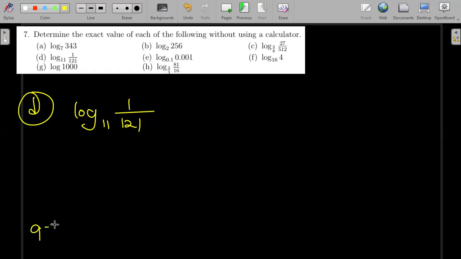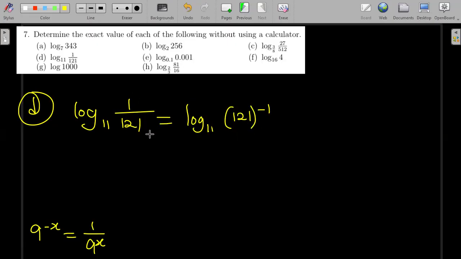So we said a to the power negative x is the same as 1 over a to the power positive x, right? So this is what I can see here. So I want first of all to express this as a log base 11, and then I write 121 to the power minus 1. Okay, because 121 to the power minus 1 is the same as 1 over 121.